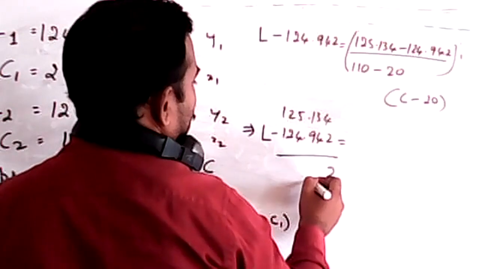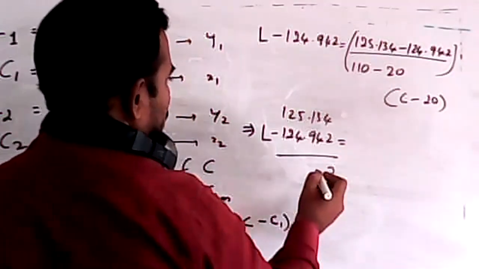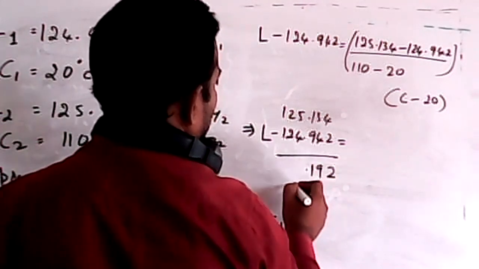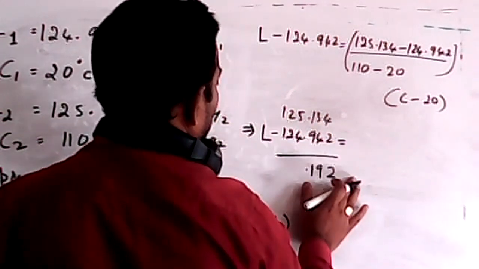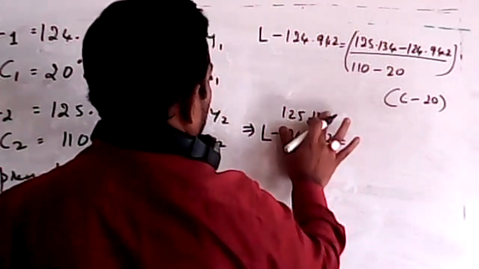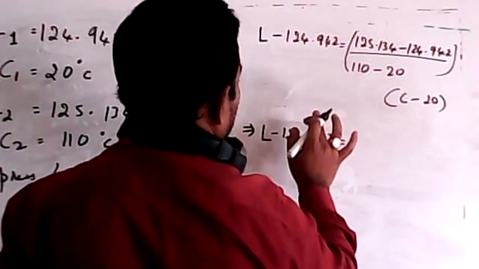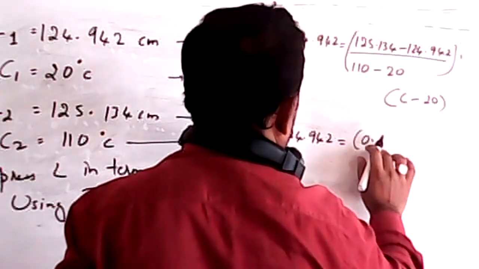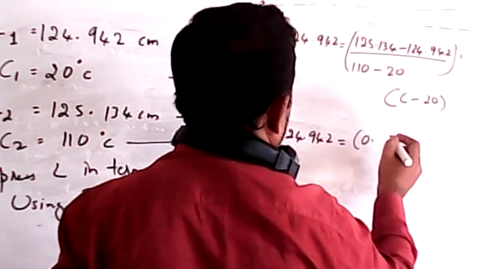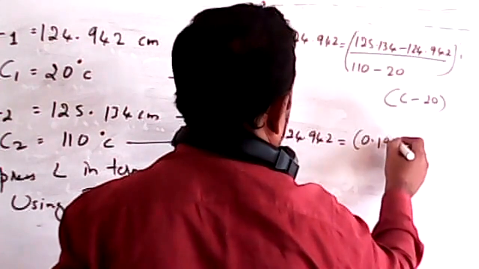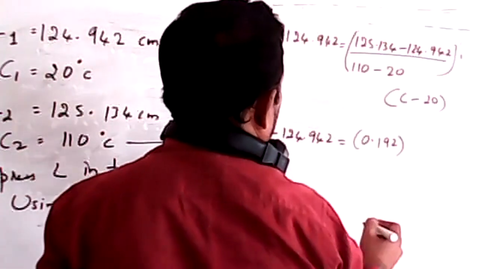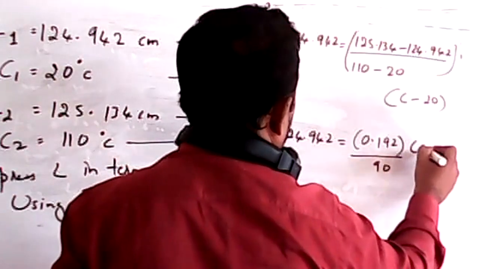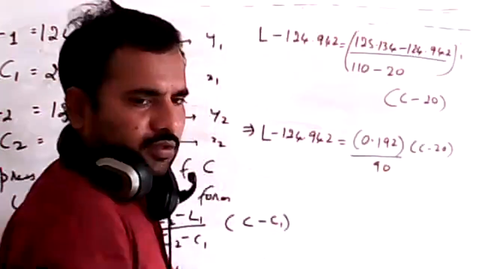In 13, 4 goes, 9 remains, and the 1 remains as it is. So 0.192 remains. Correct? Am I right? Divided by 110 minus 20, which is 90, into C minus 20.